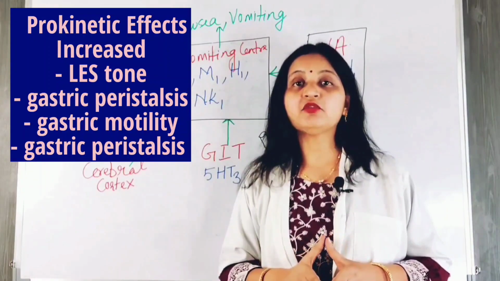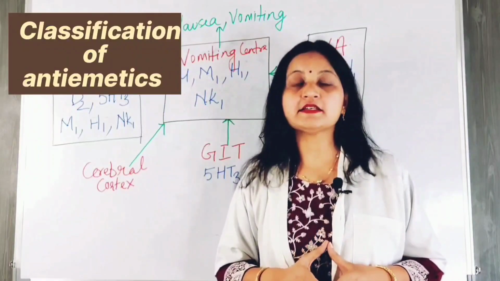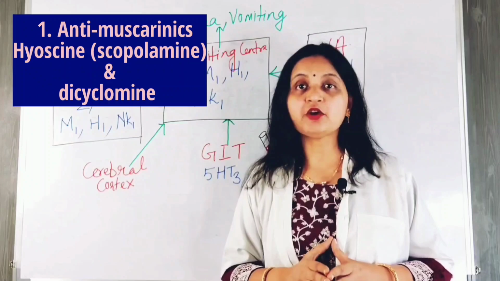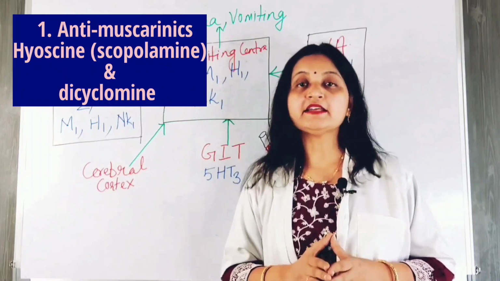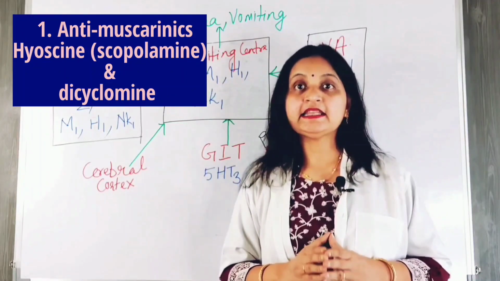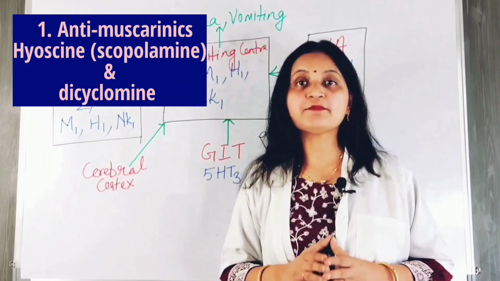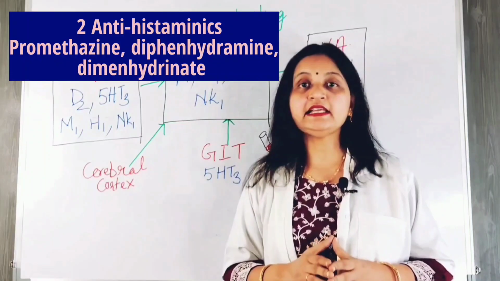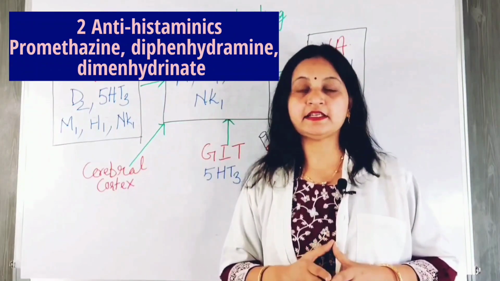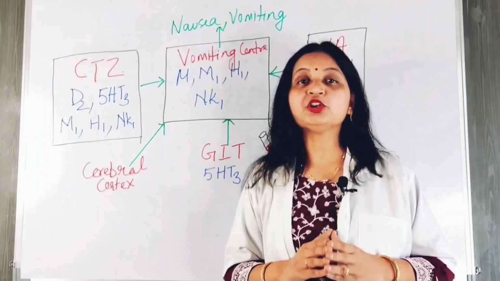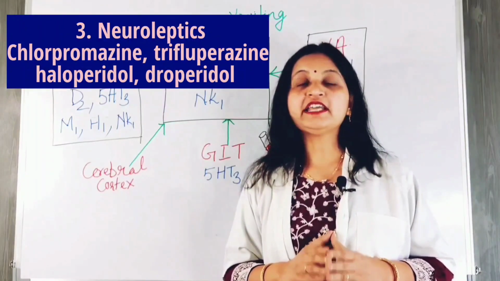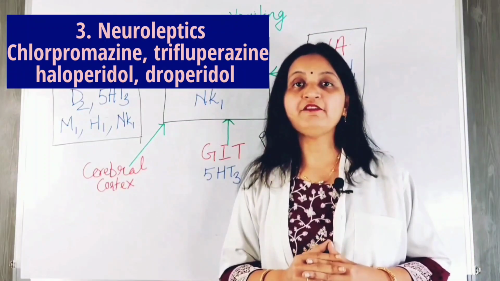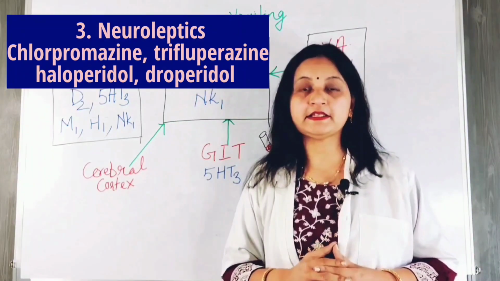So the antiemetic drugs can be grouped into various classes. The first one is the antimuscarinic agents such as hyoscine or scopolamine, and dicyclomine. Secondly, the antihistaminic agents such as promethazine, diphenhydramine, dimenhydrinate, cyclizine, meclizine, and cinnarizine. The third group is neuroleptics, which are D2 receptor blockers, and the drugs are chlorpromazine, trifluoperazine, and prochlorperazine.